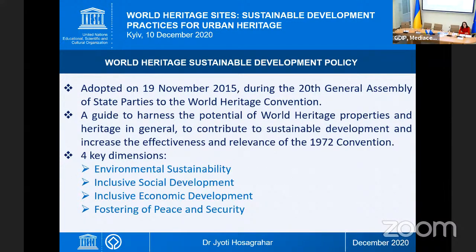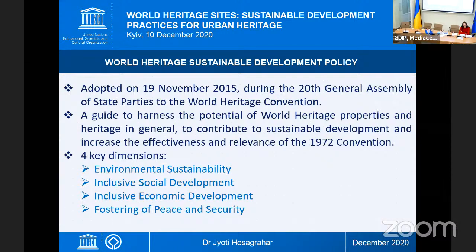Now I want to just touch on the World Heritage Sustainable Development Policy that was adopted in 2015. Of course, I think all of you here are very familiar with this policy, which has in it the policy on the integration of a sustainable development perspective into the processes of the World Heritage Convention.